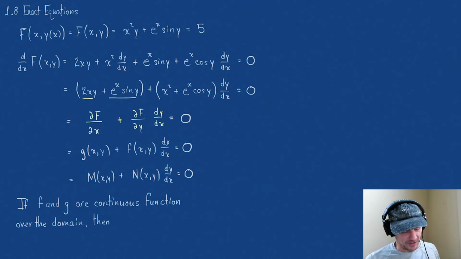So now we're going to take the partial derivative of f with respect to x. Then we're going to do the opposite for g.